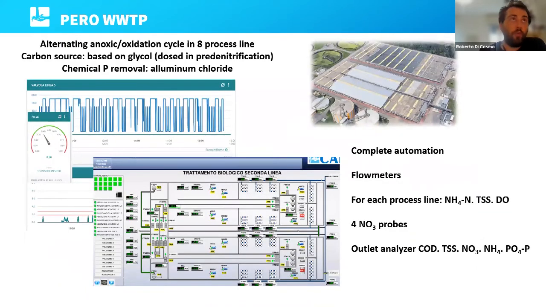As I told you, it's a conventional activated sludge, but we decided to move to the alternate cycle in order to have a complete automation of the biological system. We have our SCADA where we also bring the signal from the sensors, and we are managing all this with our SCADA. In the next few months, in a control room that will be in our new buildings in the middle of Milan, in the center of Milan.